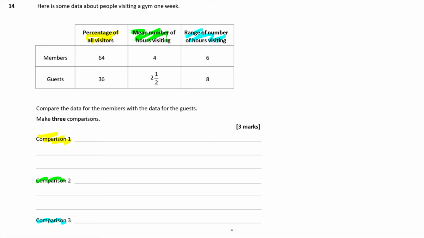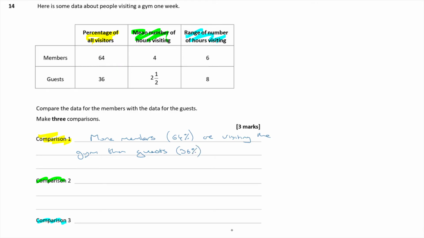Let's have a look at the first one first. Percentage of all visitors. Members is 64% and guests was 36%. So you can see that more members are visiting the gym than guests. That's my first comparison: more members, and I'm going to put in brackets 64%, are visiting the gym than guests, which was at 36%.